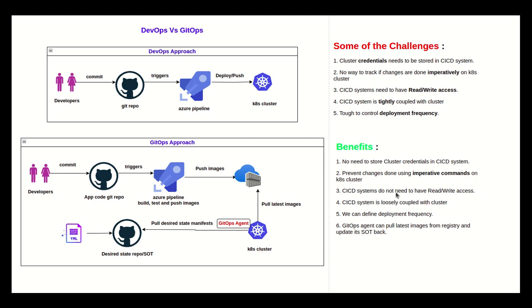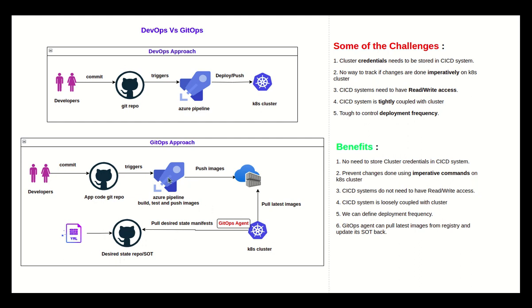And now this system need not have read and write access to the cluster, but the account through which this GitOps agent runs needs to have read or write access on this source of truth repository.